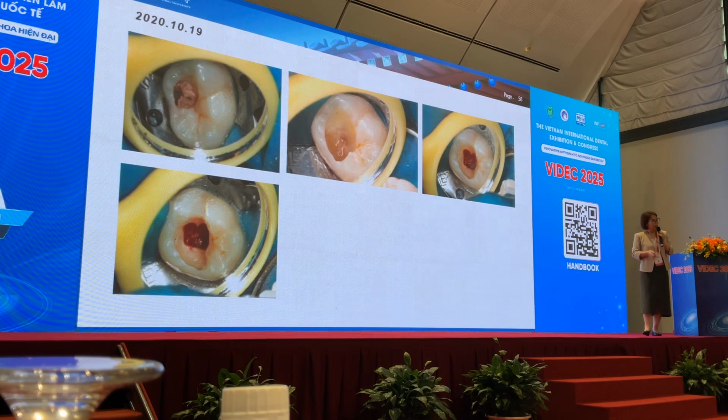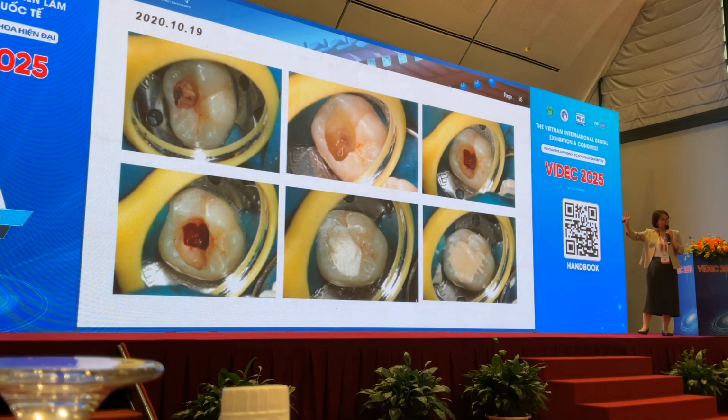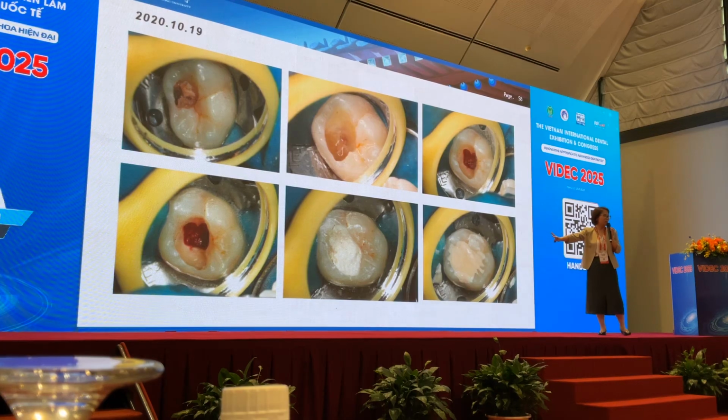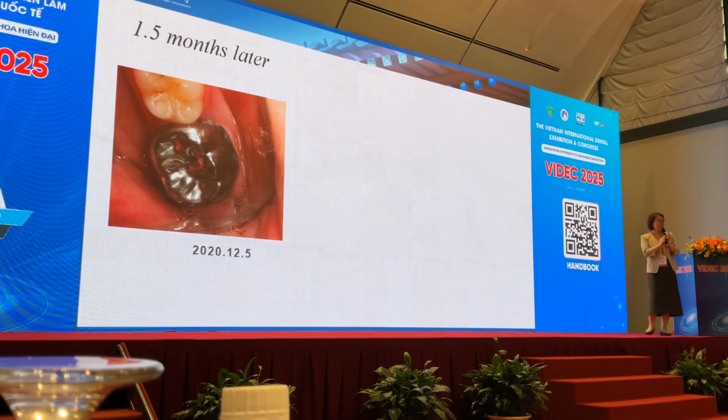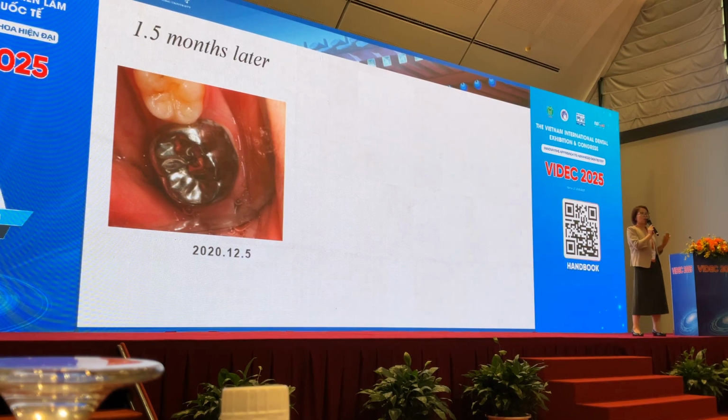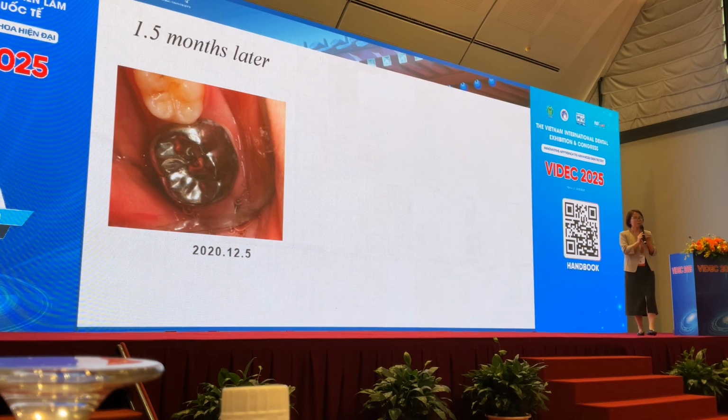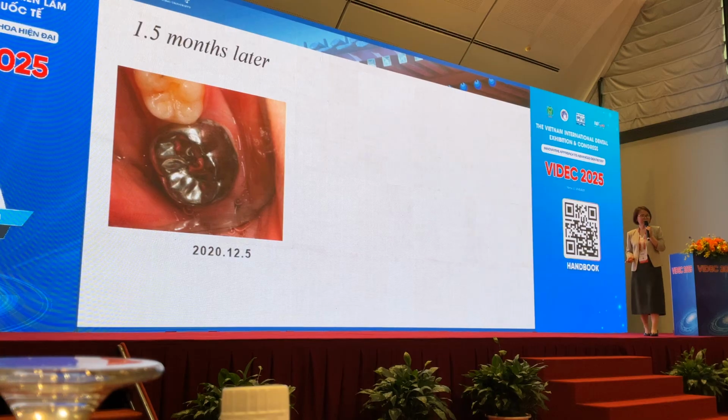Then what do we do? We just put calcium hydroxide preparation as the dressing and the seal, and make the appointment. 1.5 months later, the girl came back, and the tooth was asymptomatic. So we repeat the procedure just as we talked about in the last case, and restore it with stainless steel crown.